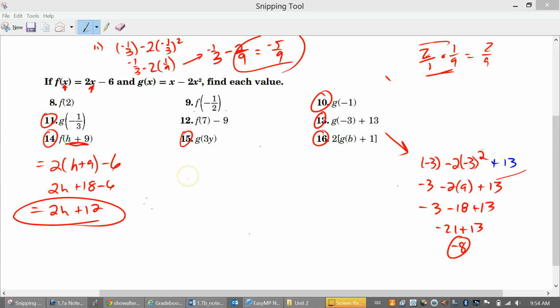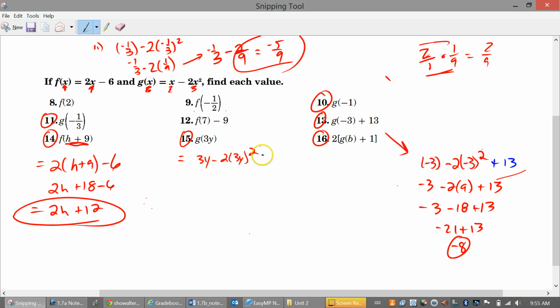When we do 15, we're using function g, and we're putting in 3y inside of function g. So in function g, for x, we're going to replace it with a 3y. So we're going to take 3y minus 2 times 3y squared. And then we're going to simplify it if we can. So we get 3y minus 2 times 3y squared is going to be 9y squared.